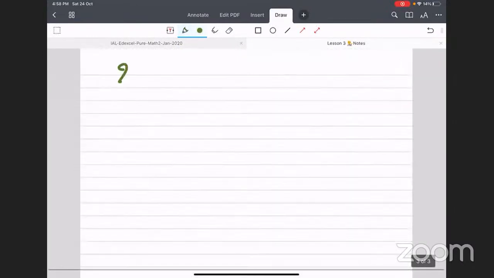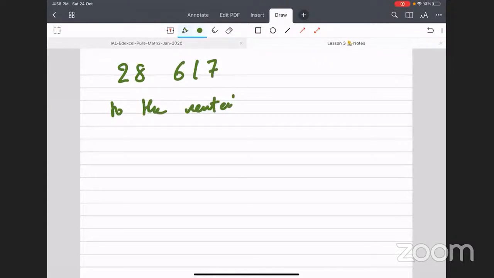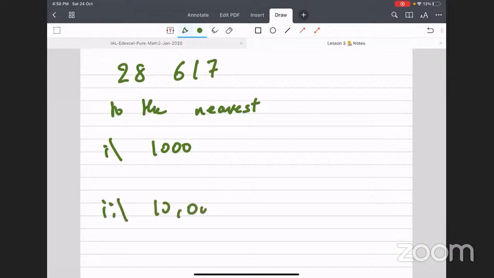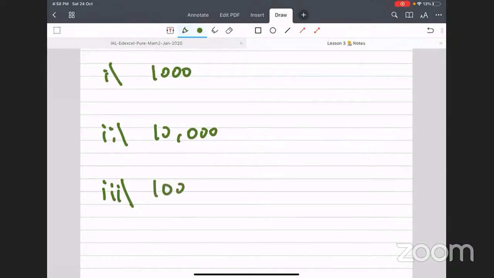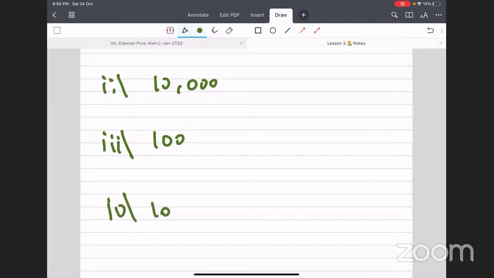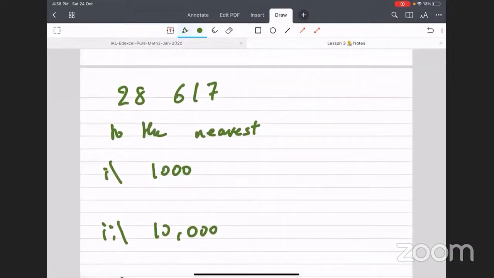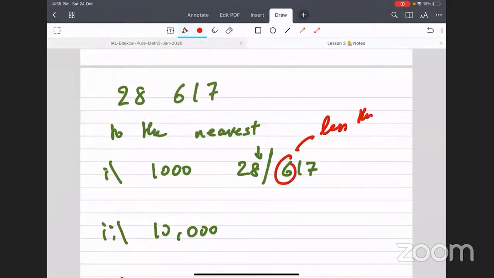Okay, so 28,617 to the nearest 1,000. We use the nearest 1,000, so I'll check 28, then I'll check the 1,000 term, put a bar here and see, is this number less than 5?